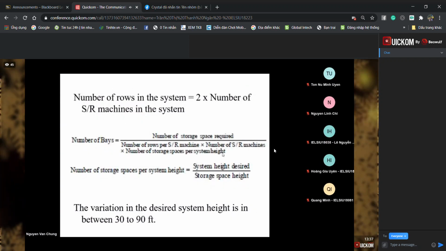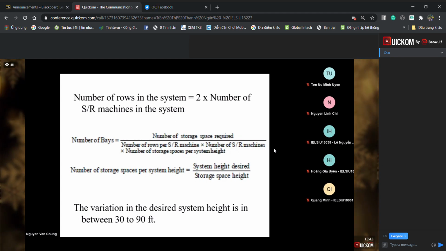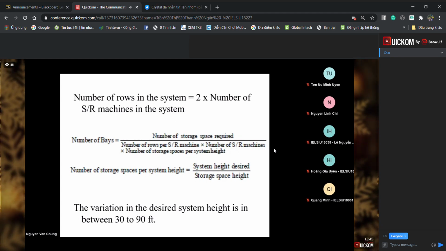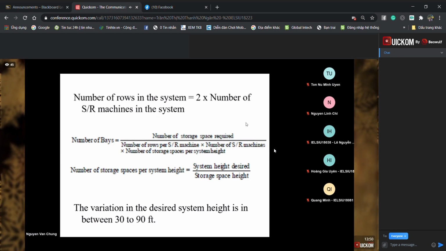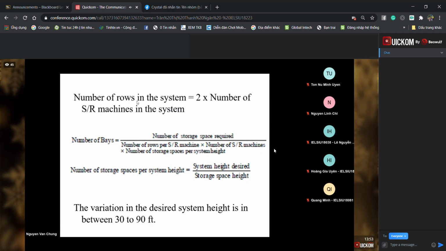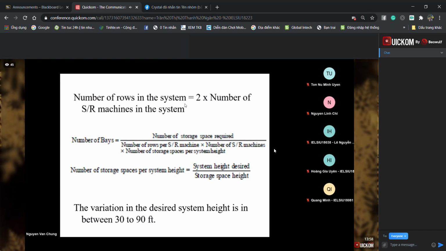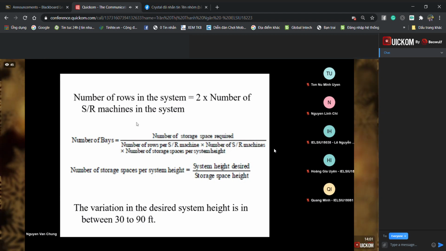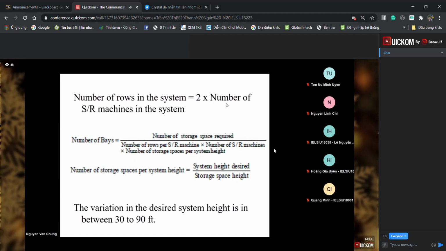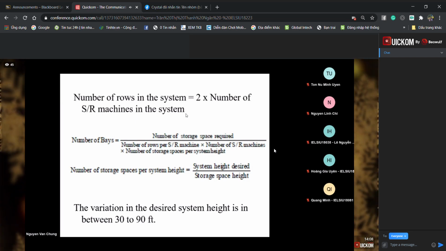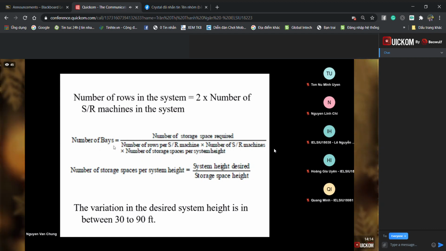So the number of rows in the system is equal to two multiplied by the number of AS machines. You see the number of rows and the number of bays.